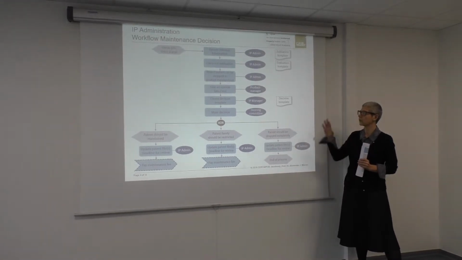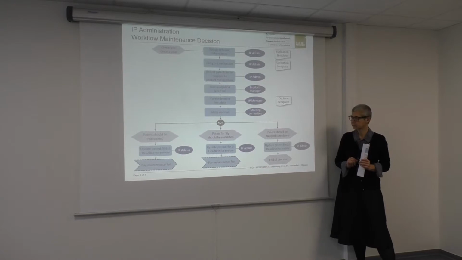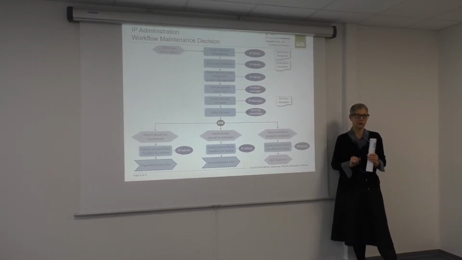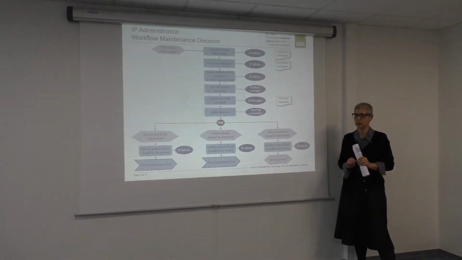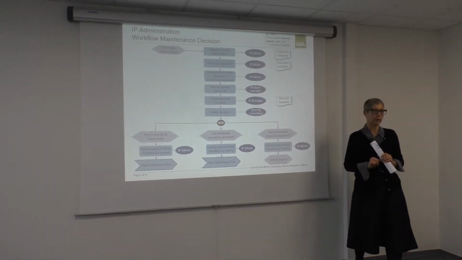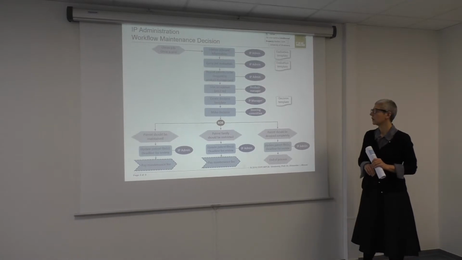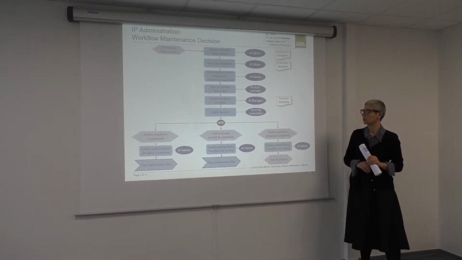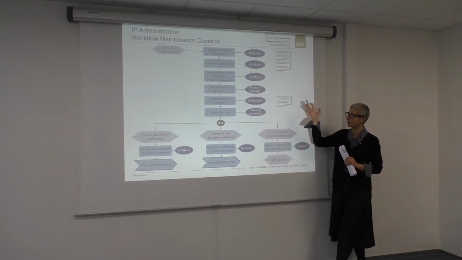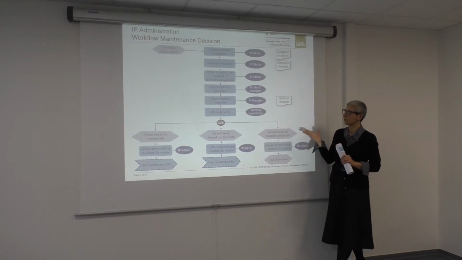Well, this is the process that we have in place to make decisions on which part of the IP portfolio we want to keep and which part of the IP portfolio we want to prune or abandon over time. We expect to go through this process once a year.